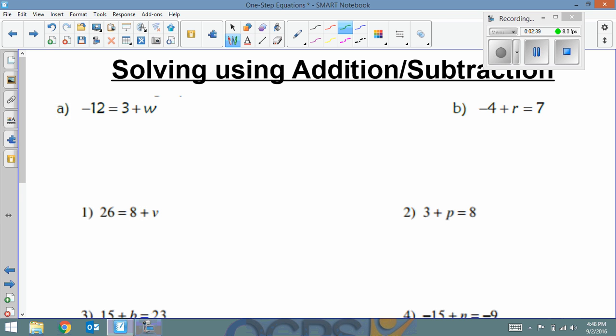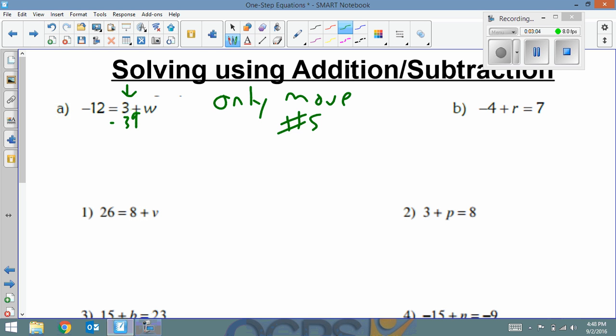Remember, you only move numbers, never move letters. So we need to move this 3 here. And since it's being added to the w, we have to do the opposite, so we're going to subtract 3. But we can't do this only on one side.